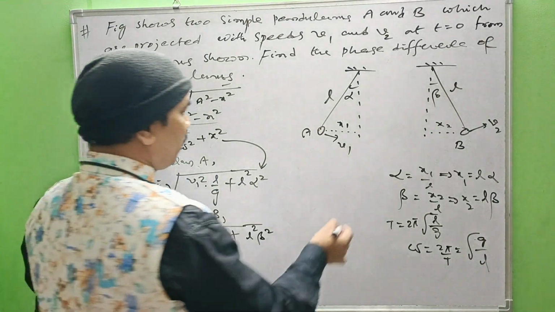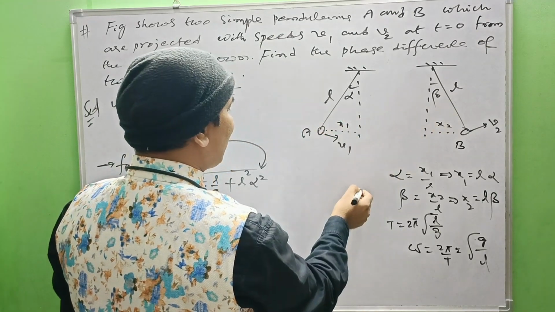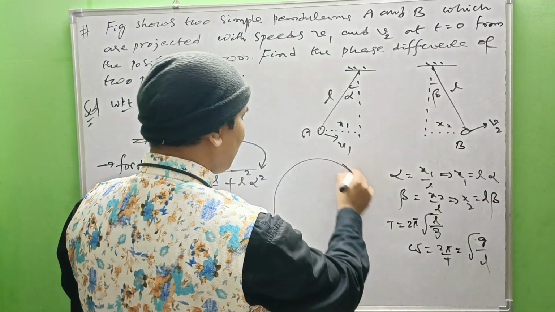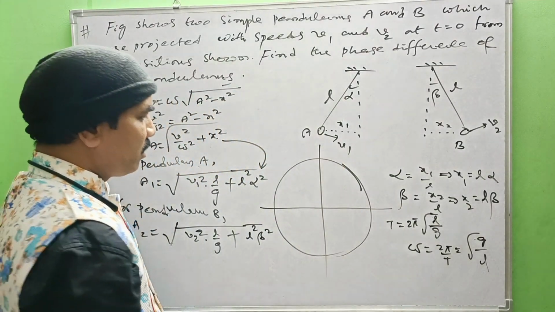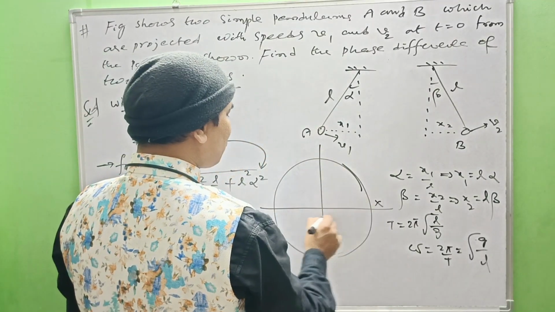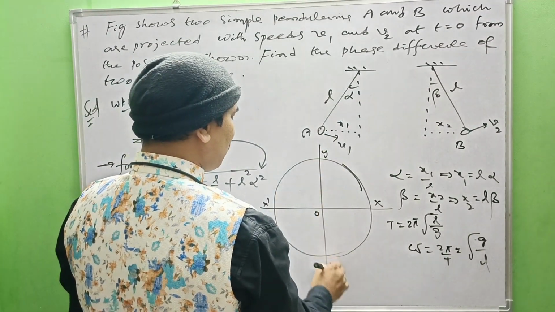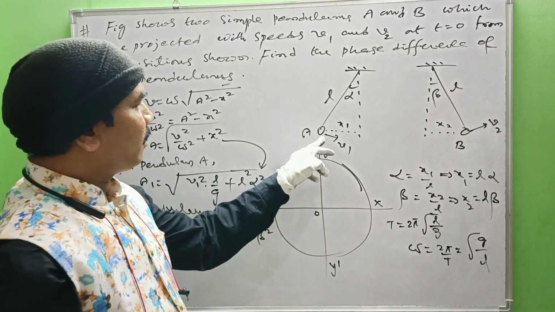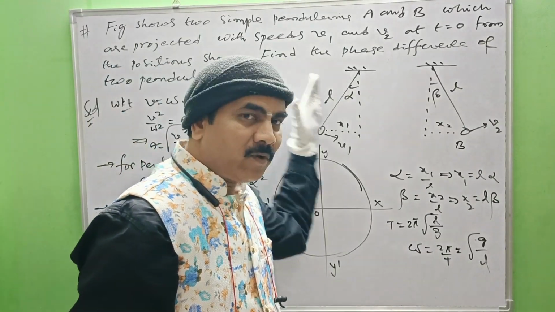Now we can represent the oscillations of both pendulums on the same circle like this, with two mutually perpendicular axes. See, this is XOX', YOY', right? The displacement of pendulum A decreases as it moves towards the mean position.